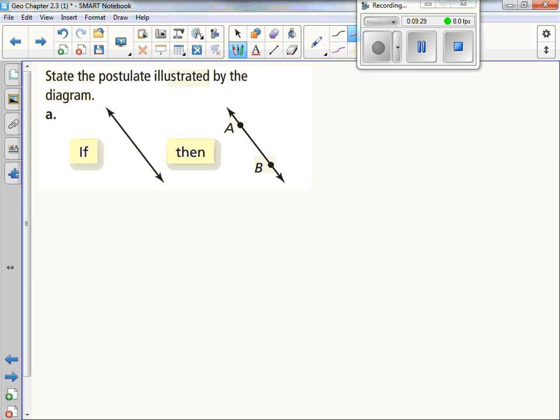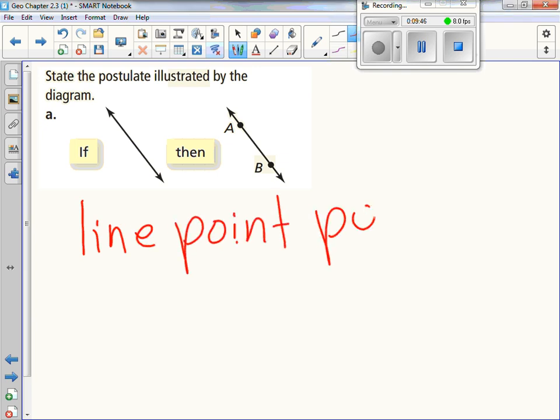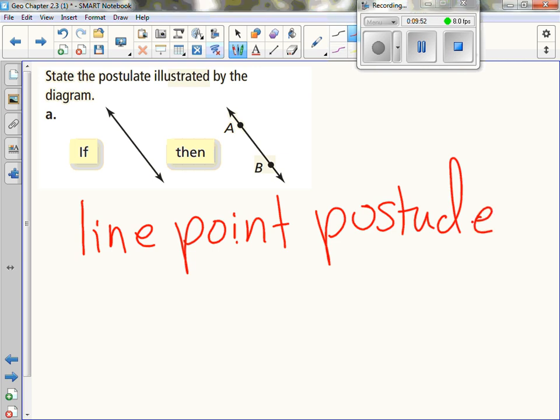Now, if it had been the other way around, if 2 points, then there exists a line, then it would be 2-point postulate. So if this was flipped, it would be 2-point postulate. But this here is line point postulate.